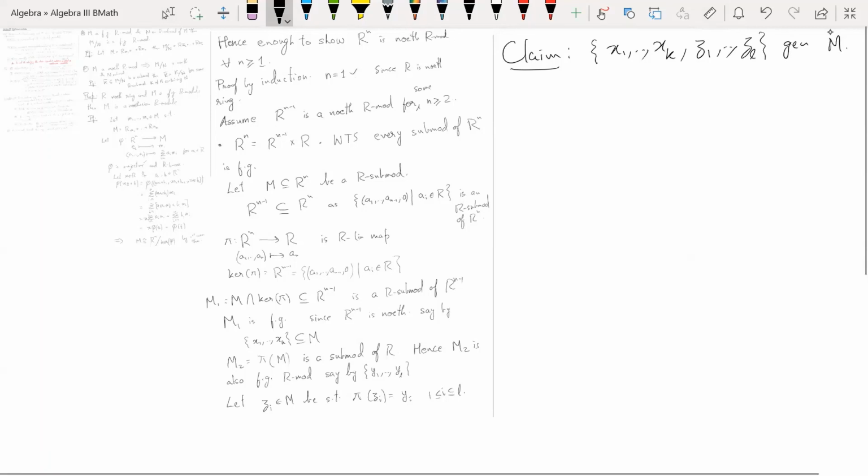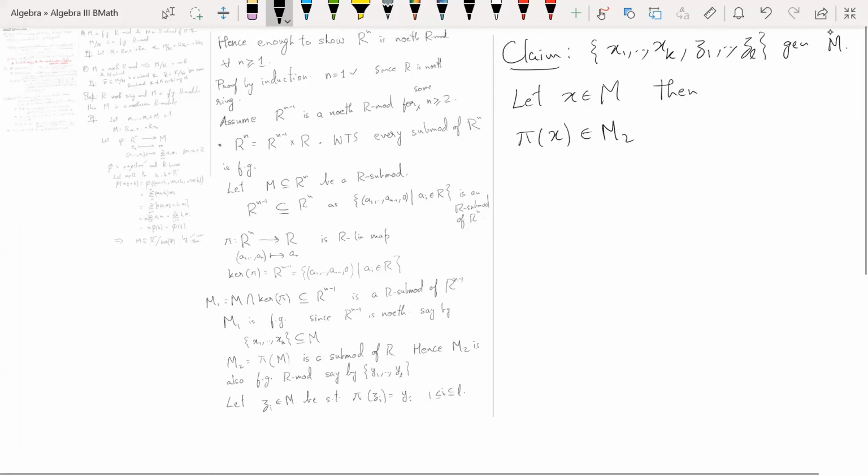So we just follow this algorithm, this recipe essentially. This is straightforward. Let x be some element of M. Then if you look at pi x, it will be an element of M2, it belongs to M2.